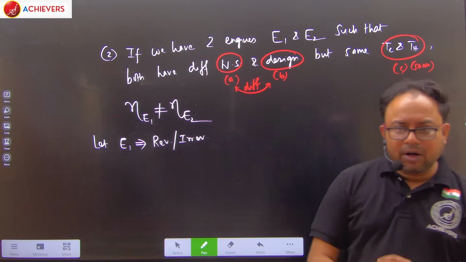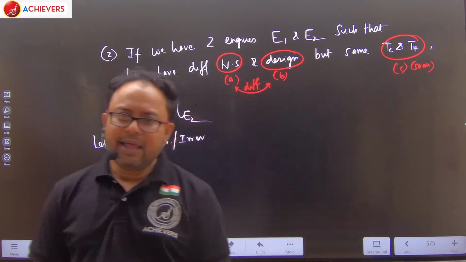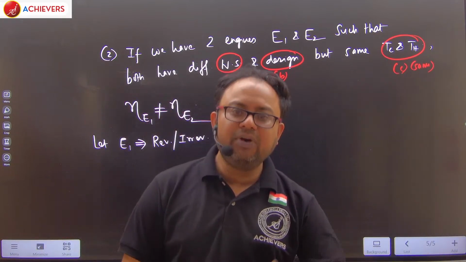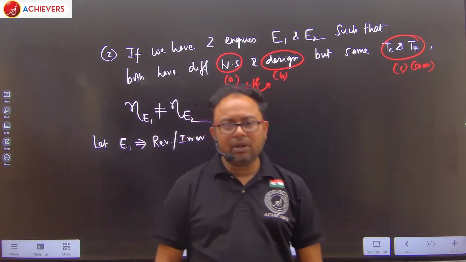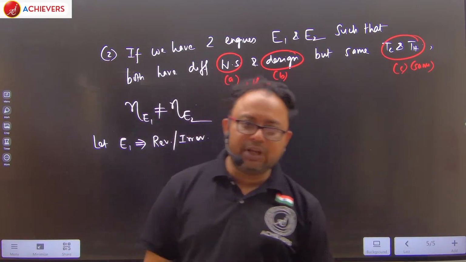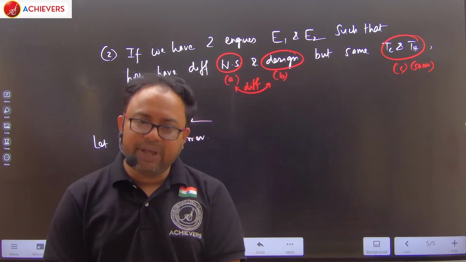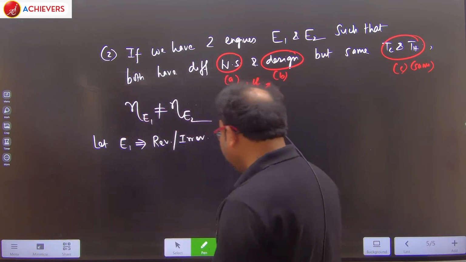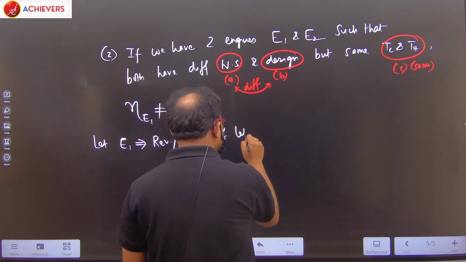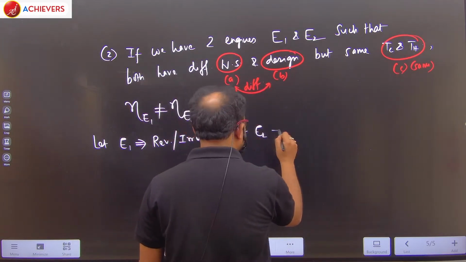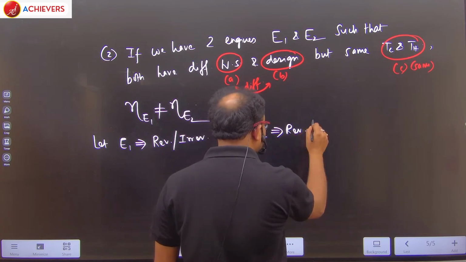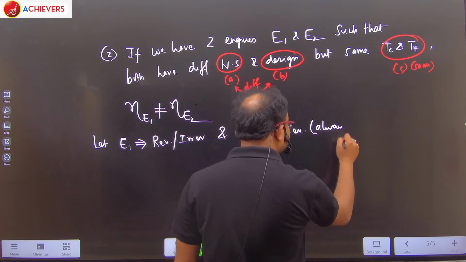So we are not sure about the status of E1, whether it is reversible or irreversible. So we are opening up both the options for E1. And let E2 be always reversible.